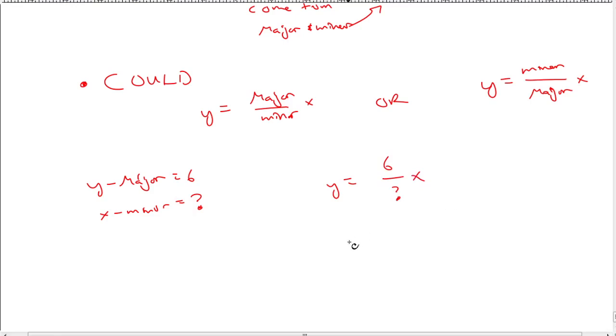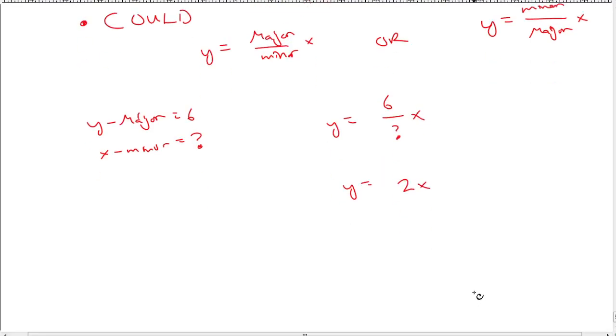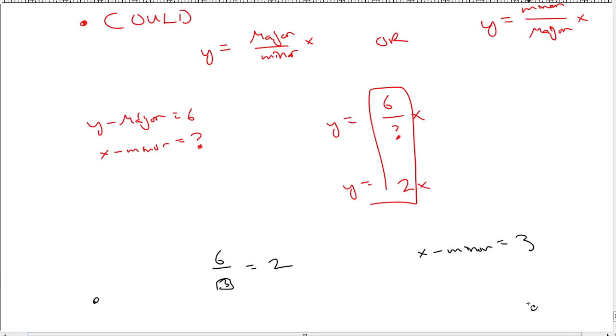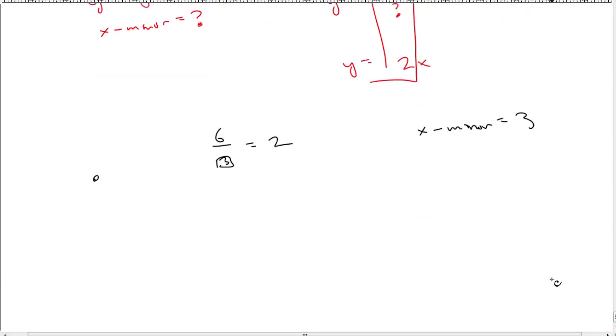Well, funny thing is that I already know my asymptote is y equals 2x because they told me that. And so I'm really looking then at this piece right there. I'm saying that 6 over something is equal to 2. And you guessed it, it's a 3 that goes there. And so my x minor is actually a 3 distance. It's an x distance of 3.